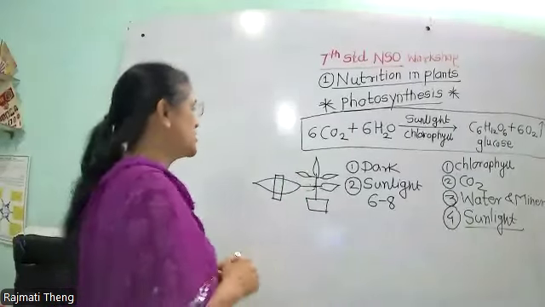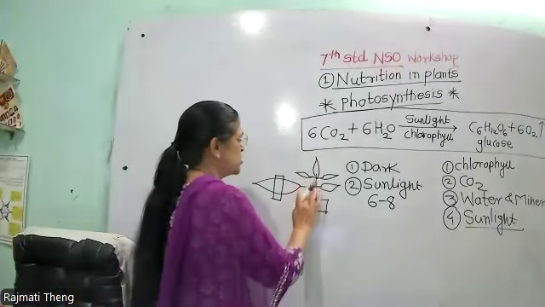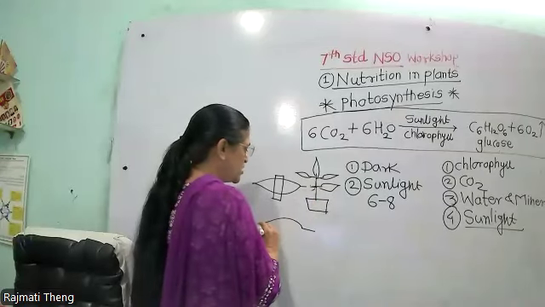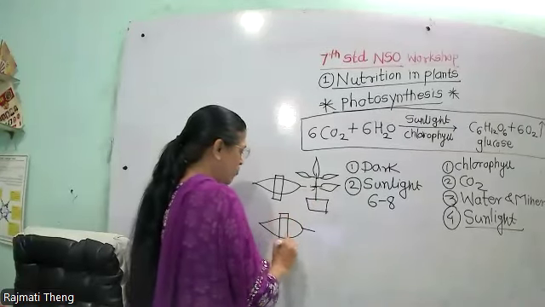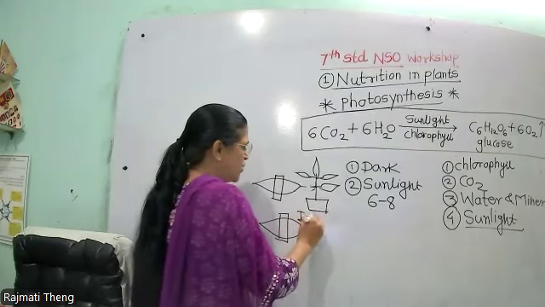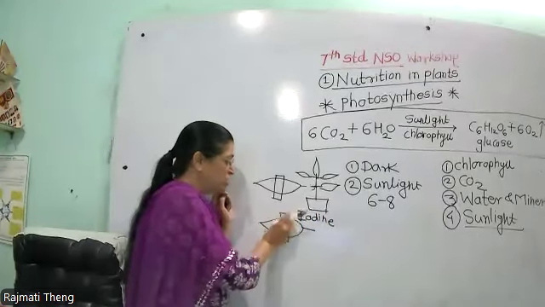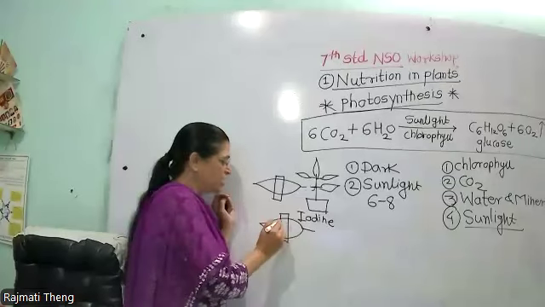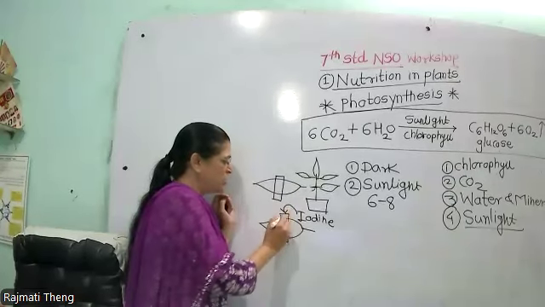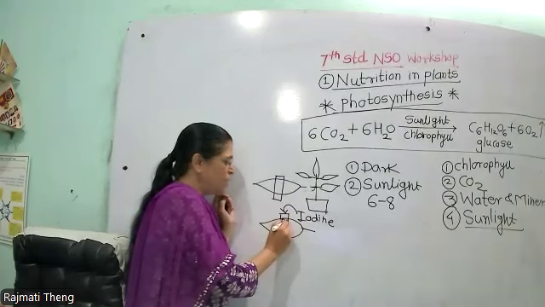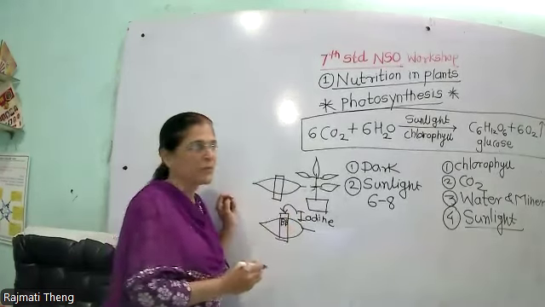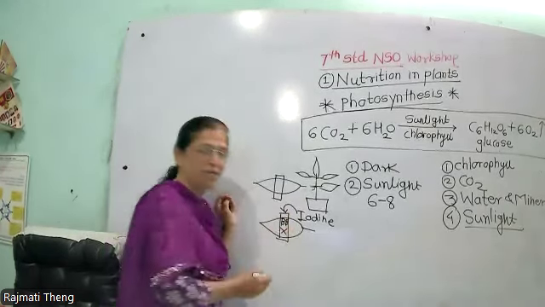Now after 6 to 8 hours in sunlight, we have to detach this leaf and add the iodine solution. Now the part which is covered with black color, when we add the iodine solution, no blue black color is obtained.